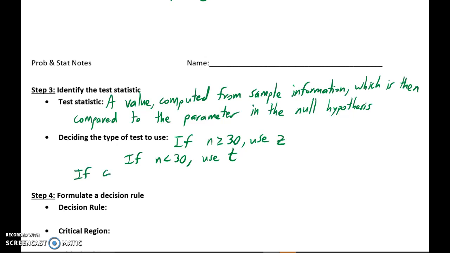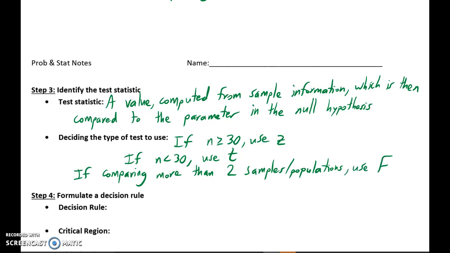If we are comparing more than 2 samples or populations, we can't use Z or T anymore. We have to use an F test. And if we are testing relationships between variables, like eye color and hair color, we're going to use chi-square.